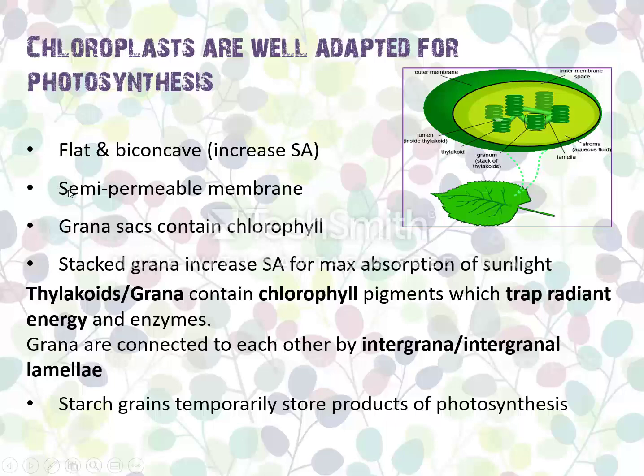Second of all, an adaptation that's important is to know that it has a semi-permeable membrane. If it was not permeable at all, if it had a cell wall and there was no active transport, we wouldn't have carbon dioxide able to get into a chloroplast.